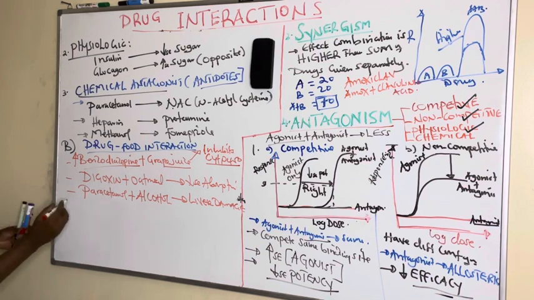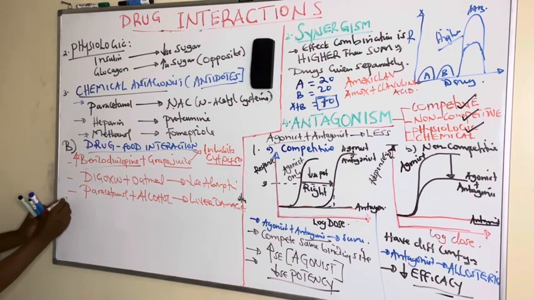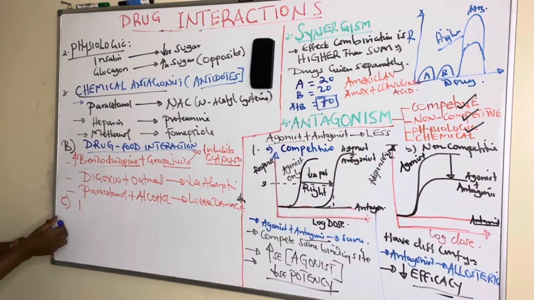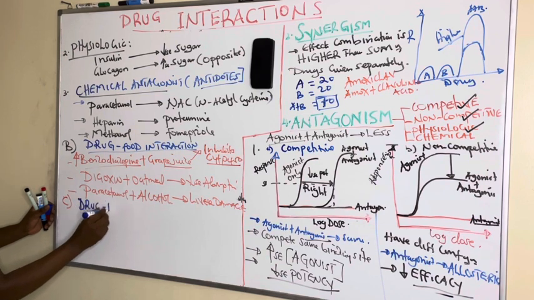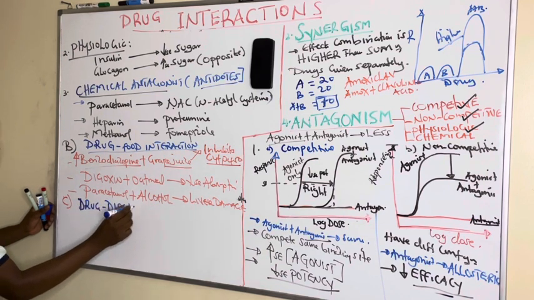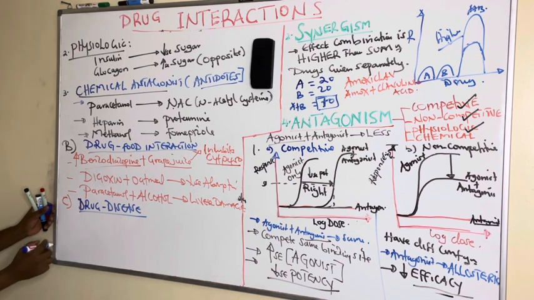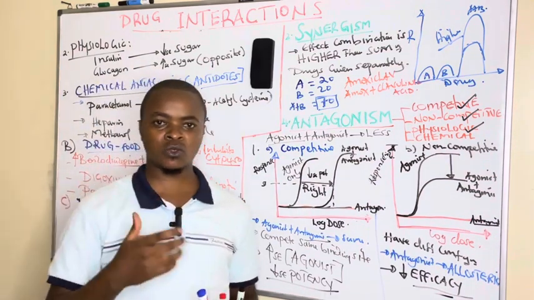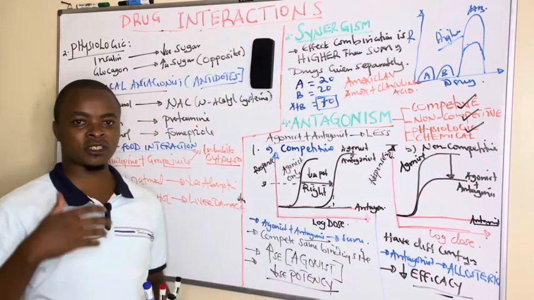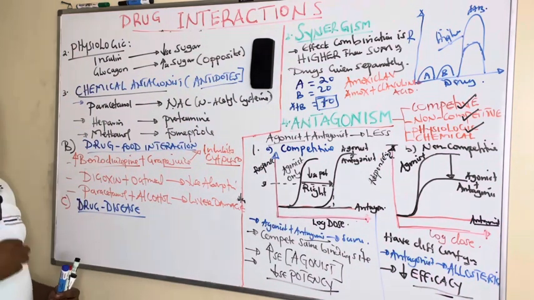Then lastly, we can discuss what we call drug-disease interaction. Under drug-disease interaction, we see that when some drugs are given in certain disease conditions, they worsen the disease or decrease the effect.